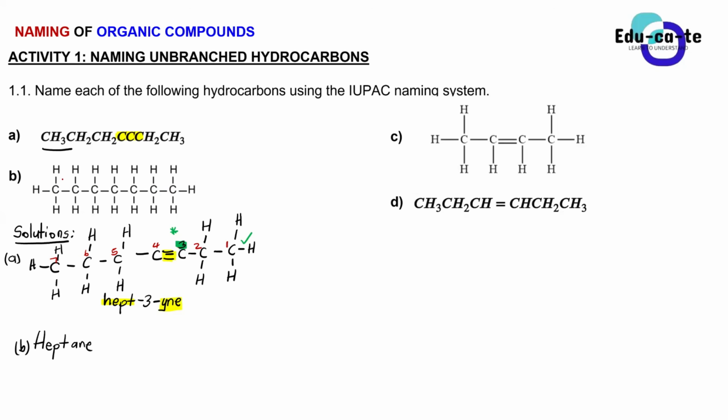You can just randomly say this is carbon 1, carbon 2, carbon 3, carbon 4, carbon 5, 6, and carbon 7. So you can count in any order if it's an alkane, because the actual functional group for alkanes is just single bonds, so it can be found anywhere. So this is just heptane.